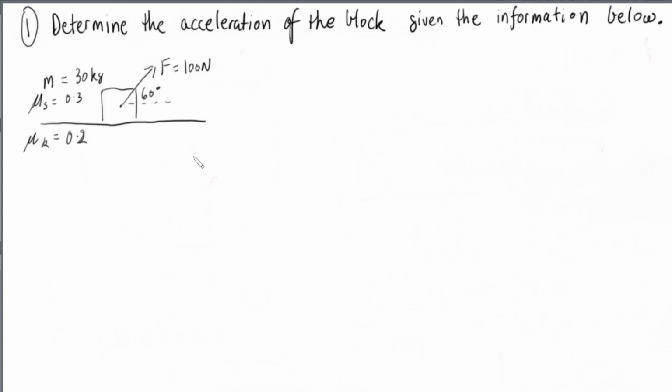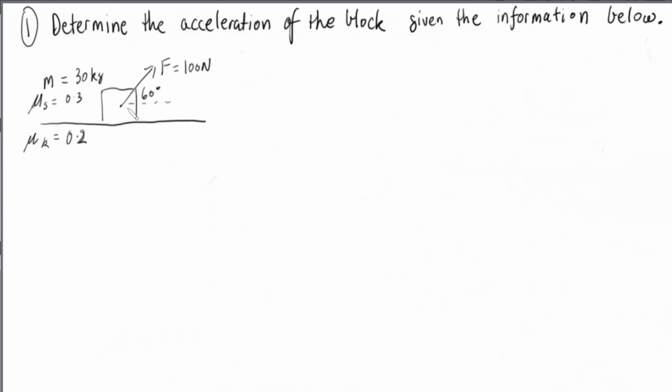So we have to ask ourselves, what are all the forces actually acting on this block? Well, we know there's this external pulling force of F that's acting at an angle of 60 degrees. And we know that there's going to be a force of friction as well. If we go back to our previous lesson on friction, we remember that the frictional force acts parallel to the surface and in the opposite direction to the relative movement.